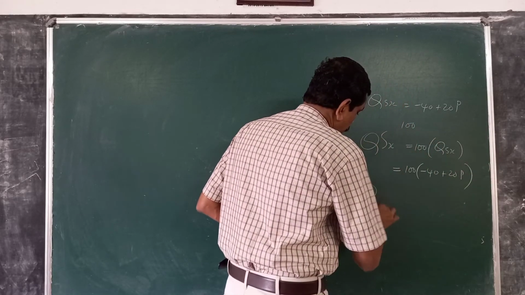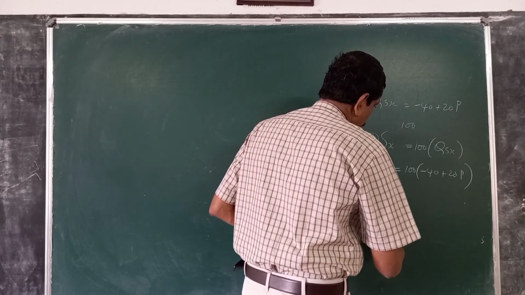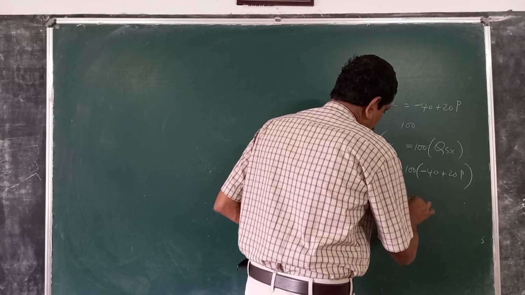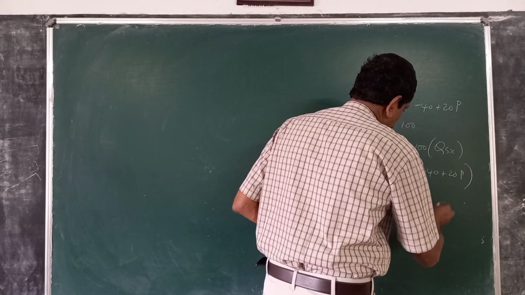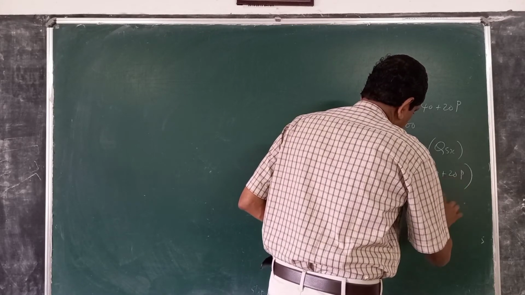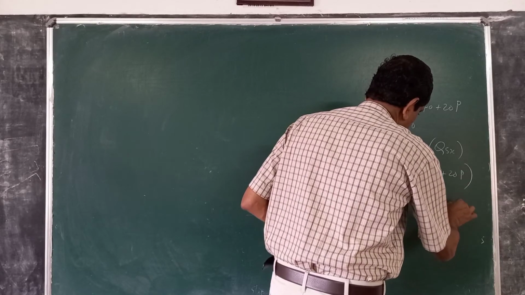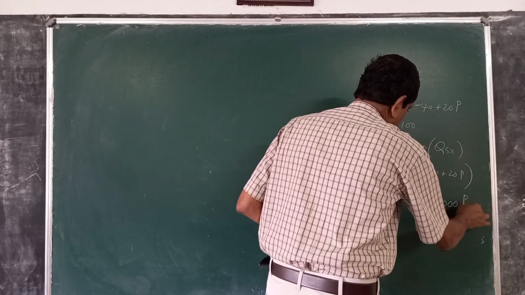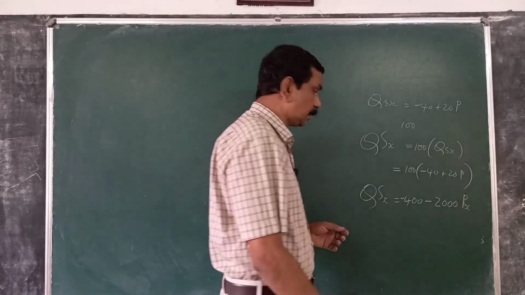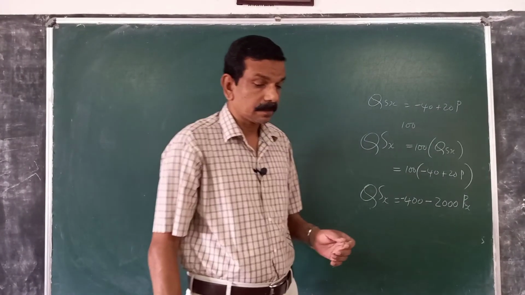So the quantity supplied of X is minus 4000 plus 2000 Px.